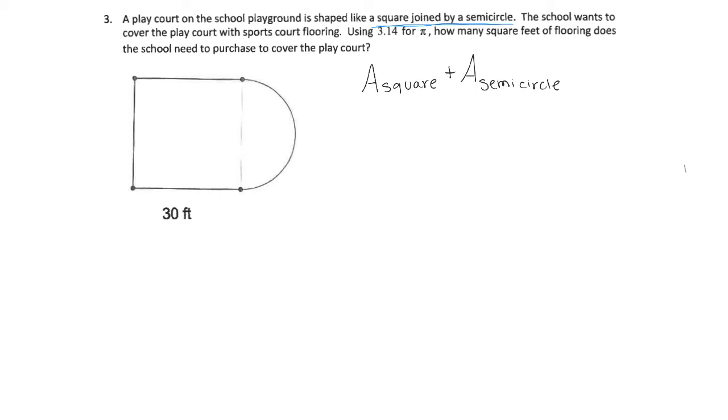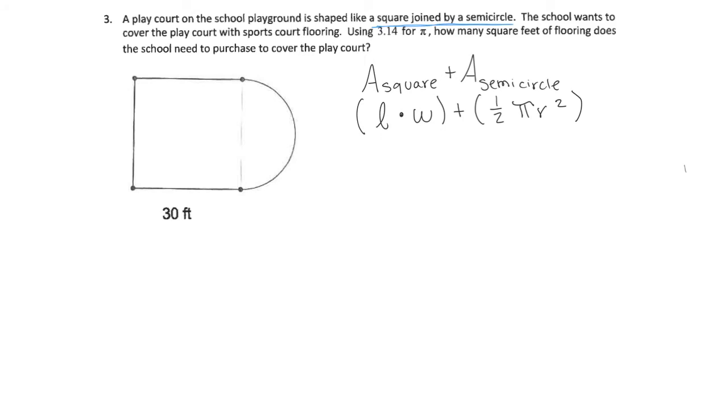So the area of a square is length times width. So we're going to have length times width plus the area of a semicircle. And when we think about a semicircle, we know that that is half a circle. So we are going to multiply 1/2 by the area of a circle. So now we have 1/2 pi r squared.